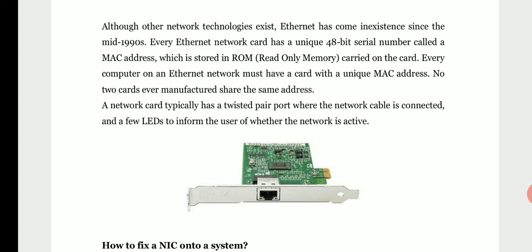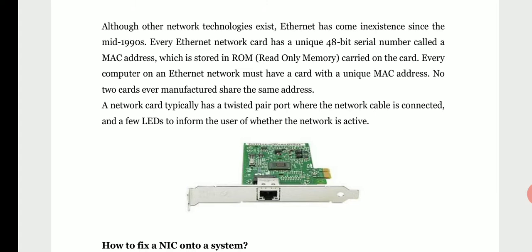Every Ethernet network card has a unique 48-bit serial number called a MAC address, or media access control address, which is stored in ROM. That means it is hard coded. Every computer on an Ethernet network must have a card with a unique MAC address.